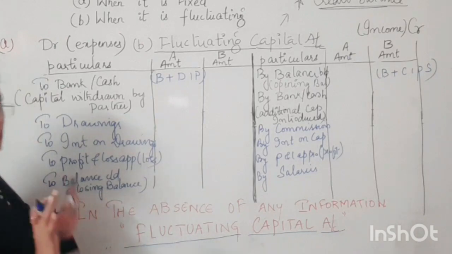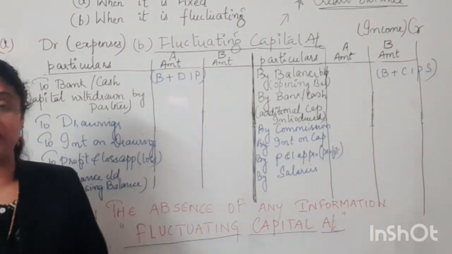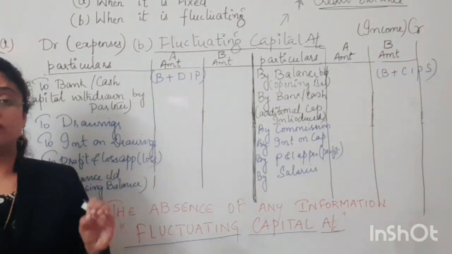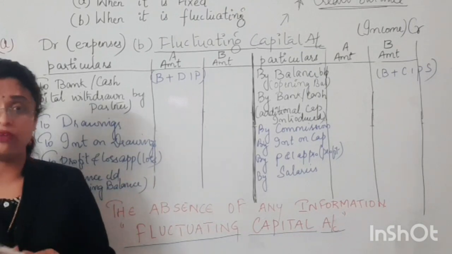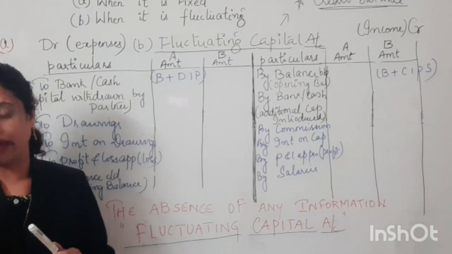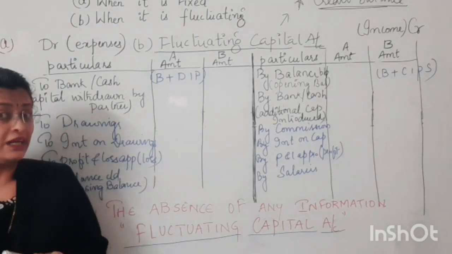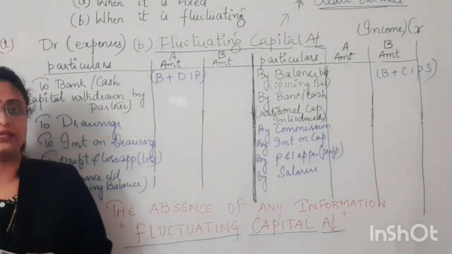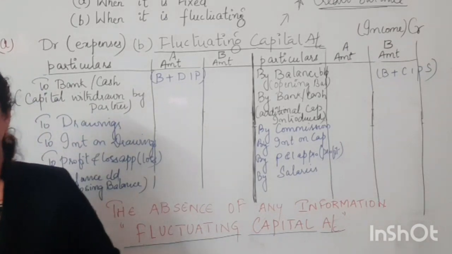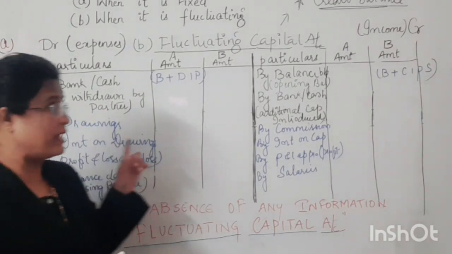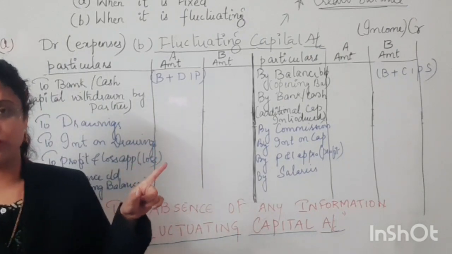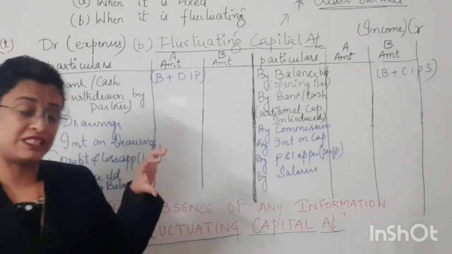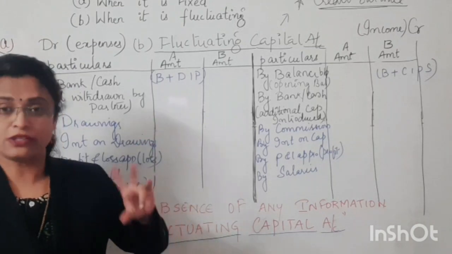But if the question is silent, if it does not specify anything, moreover does not give you any current account debit balance or credit balance, remember one thing: even if the current account debit balance and credit balance are given, if it's not clearly mentioned, then we need to make what? That is the first method we need to follow when the partners capital account is fixed. That means we are supposed to make the fixed capital and the current account together.